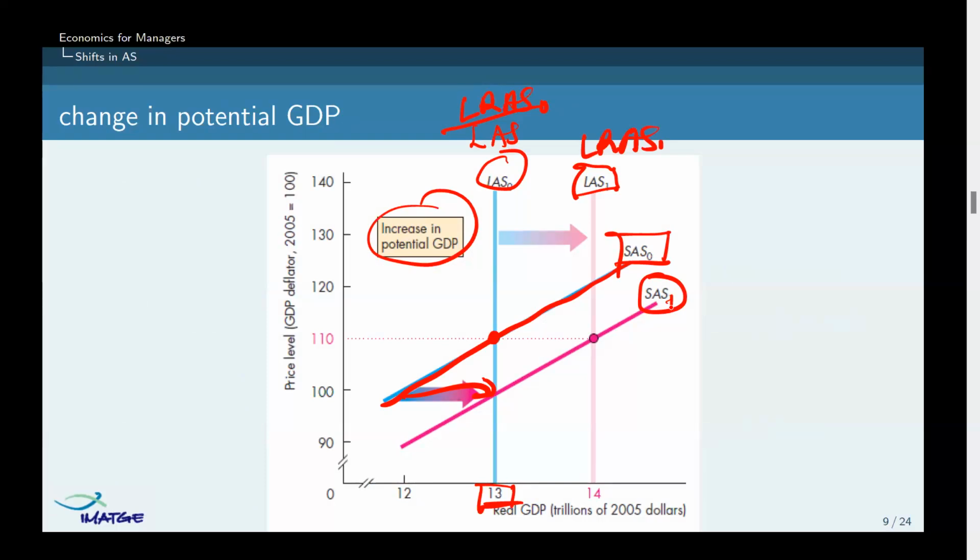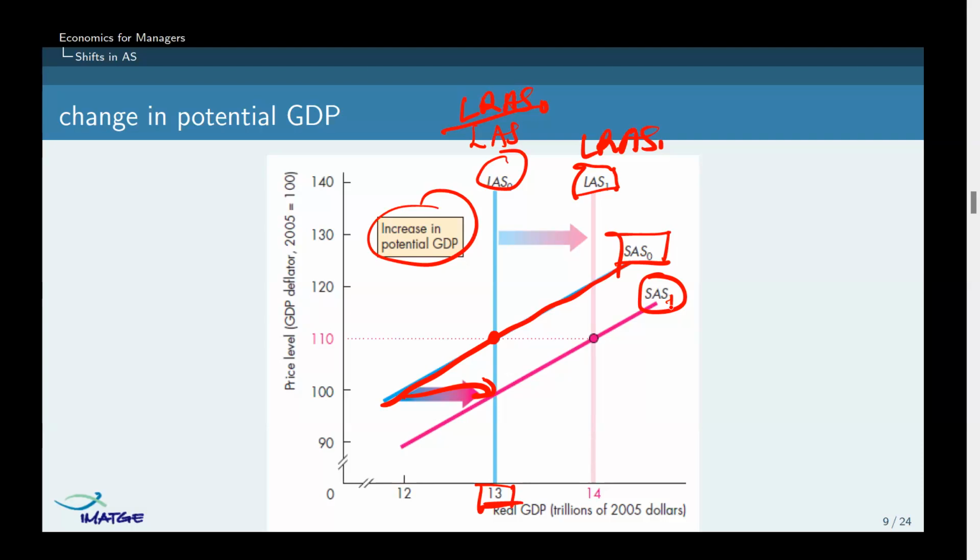In a sense that in the beginning, we will assess the increase in potential GDP for a short period, and then later on, we will assess it in the long run, which would be that vertical line.